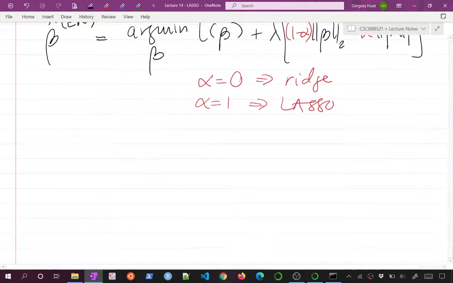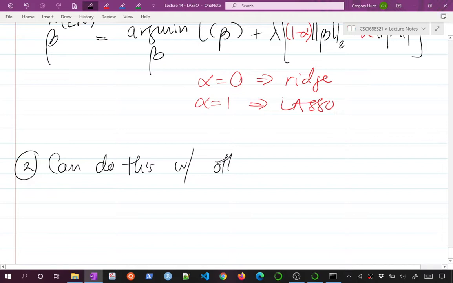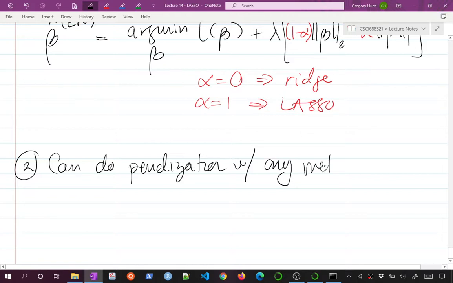The second thing I want to mention is that you can do penalization with any method, basically. We've done it in terms of regression, and that's where it was first developed.